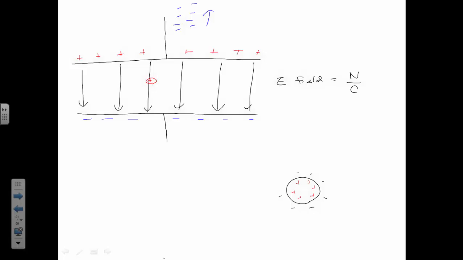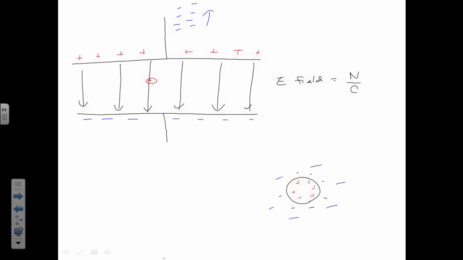What if I were to take these charges, and let's say, either through induction or conduction, I were to dump a bunch of extra negative charges on here. Let's say I have double the amount of negative charges on this sphere.